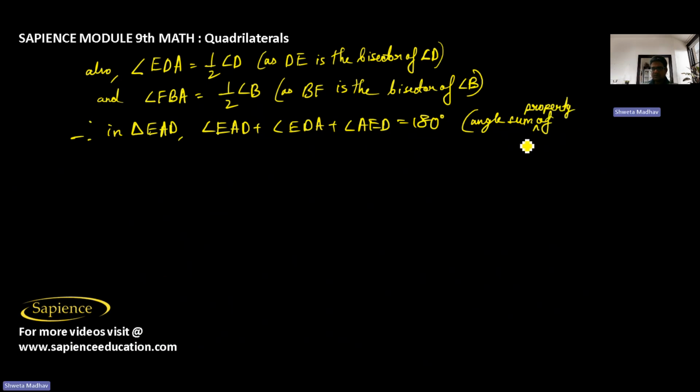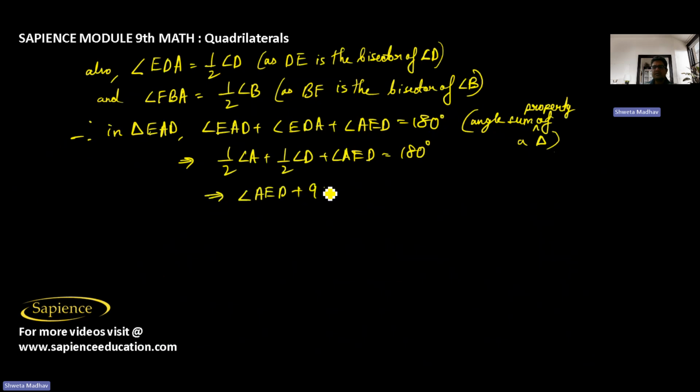So EAD, which is half of angle A, plus EDA, which is half of angle D, plus angle AED is equal to 180 degrees. And we have shown that half of angle A plus half of angle D is 90 degrees. So angle AED plus 90 degrees is equal to 180 degrees. So hence angle AED is equal to 90 degrees.